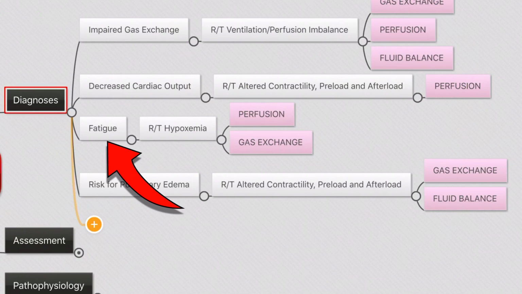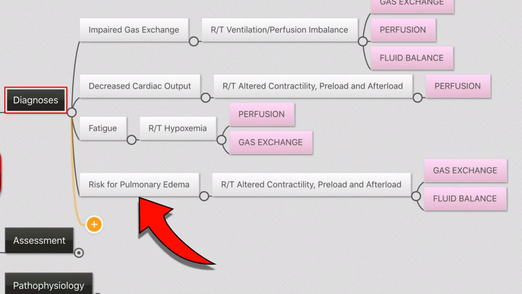Fatigue can be related to hypoxemia, that will be related to gas exchange, and it can also be related to perfusion. Now, the last one will be risk for pulmonary edema related to altered contractility, preload, and afterload. So this will be some potential complication. So concepts here are gas exchange and fluid balance.